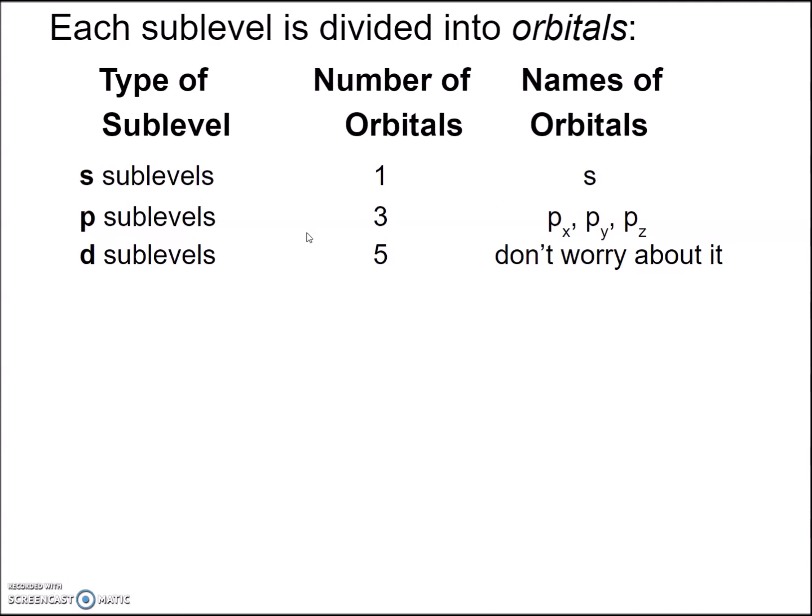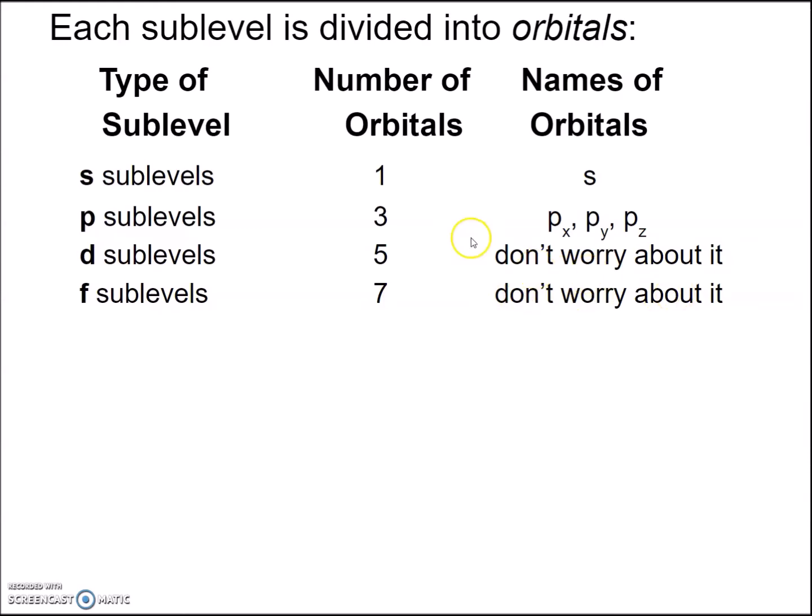Remember, orbitals are mathematical solutions to Schrodinger's wave function, and it gets really complicated. The shapes are kind of goofy, and beyond just knowing s and p, I don't need you to worry about it. So don't worry about d sublevel names or shapes, but I do want you to know that in a d sublevel, there are 5 orbitals. In an f sublevel, there are 7 orbitals, and again, don't worry about shapes.